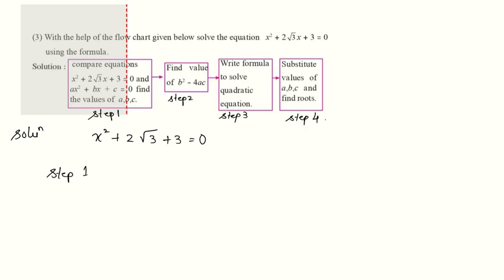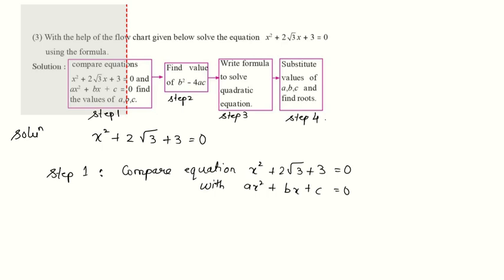So in step 1, compare the equation x square plus 2 root 3 x plus 3 is equal to 0 with ax square plus bx plus c is equal to 0. Find values of a, b and c. We get a is equal to 1, b is equal to 2 root 3 and c is equal to 3.